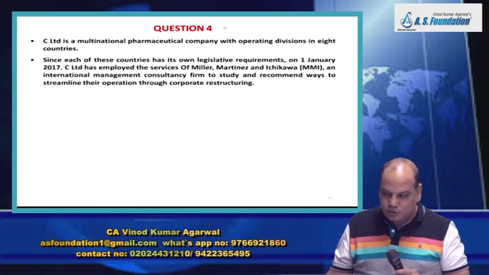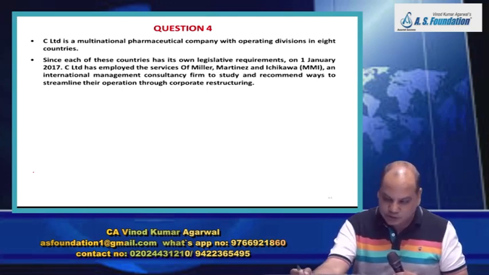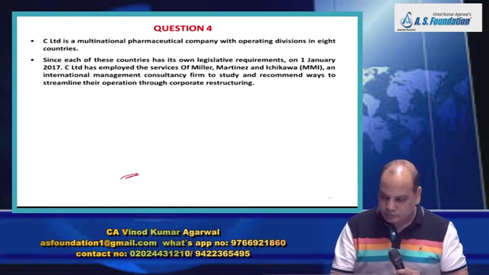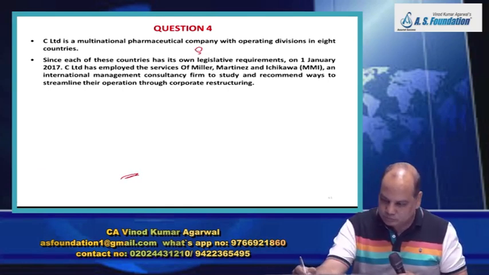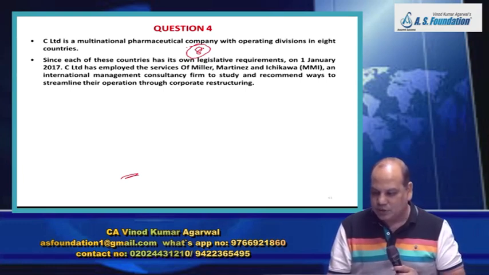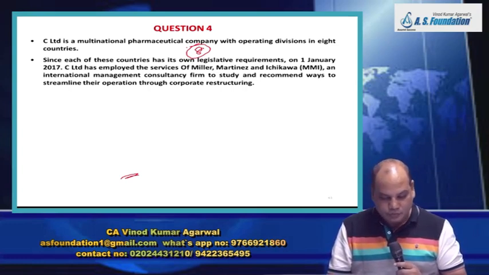Now dear student, next question number 4. C Limited, in your book it is question number 8. C Limited is a multinational pharmaceutical company with operating divisions in 8 countries.